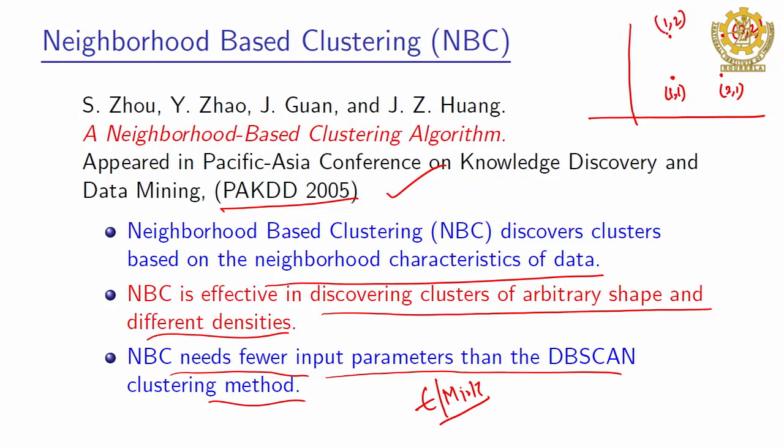These are the 4 points, and there is another point inside, which is (1.5,1.5). Now, the question is, if you apply the DBSCAN method on this data set with epsilon 0.9 and minimum points 2, and you consider the distance to be L2.